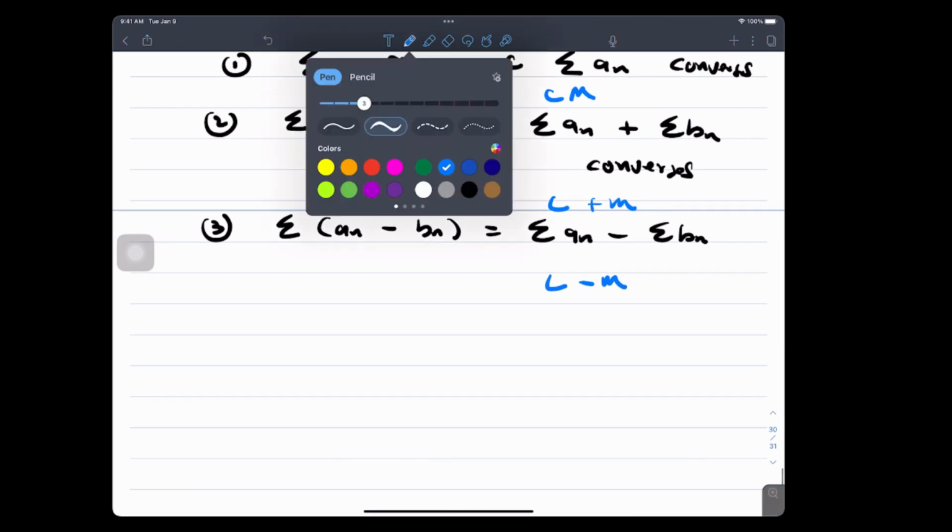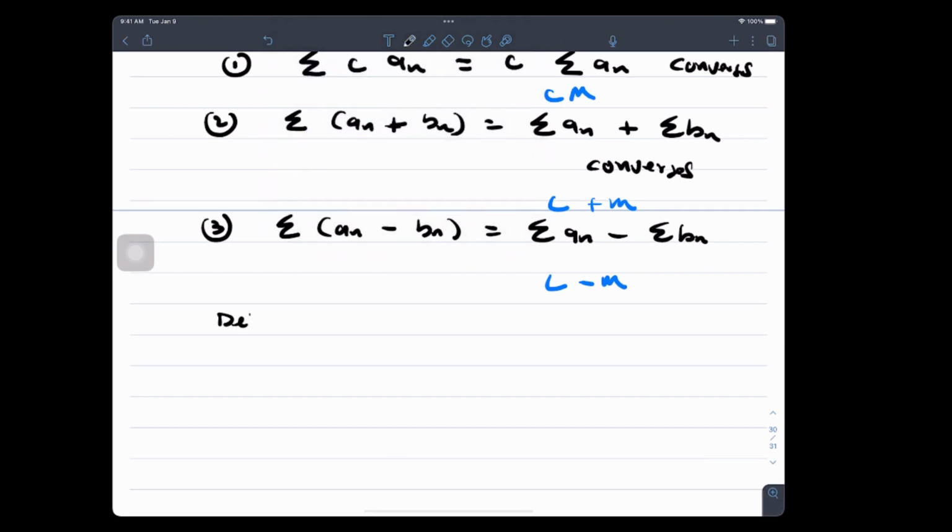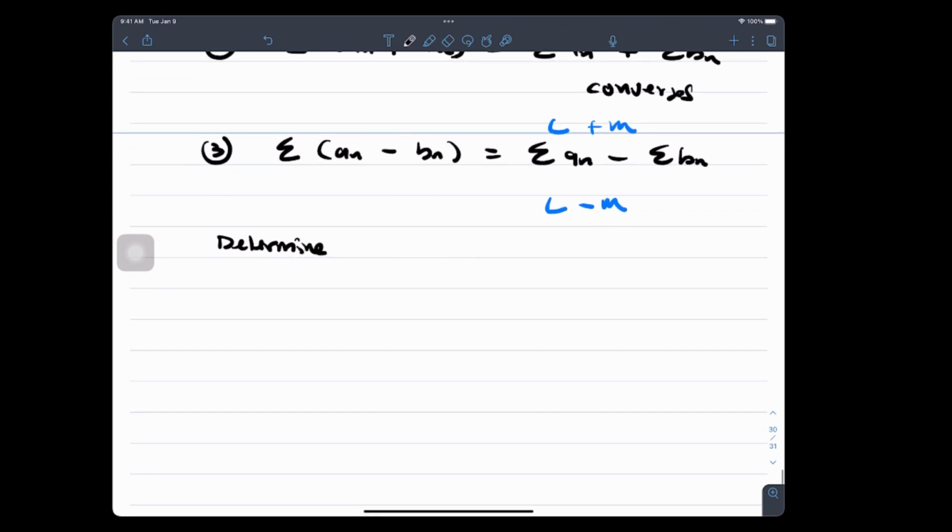Okay, and then the very famous example that they have here, like in your book, they'll say determine if this series here, 5 over n(n minus 1), plus, I think we did (1/2)^n here. Determine whether this thing converges.